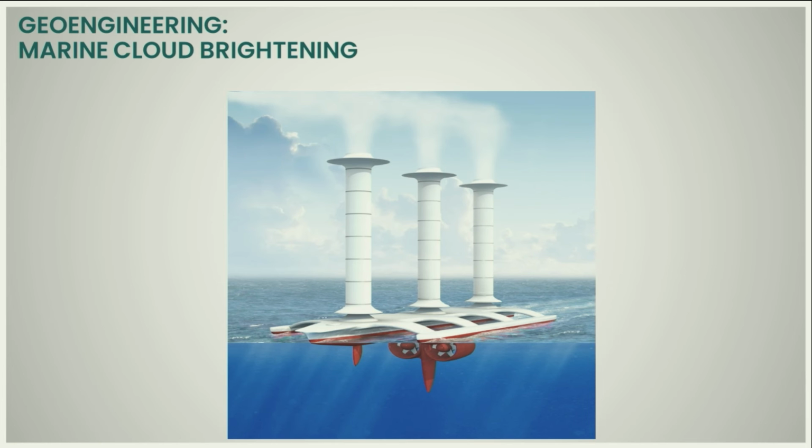So here's the design, and he reckons we need about 200 of these all over the world's oceans to produce enough vapor to brighten the clouds and increase the reflection of radiation from the Earth. So this describes what it is.